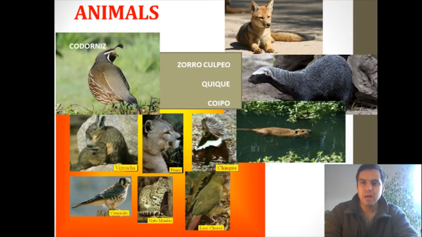I imagine that is because of the food they have, more food, more water, better weather. So that's why we have big animals in this area of Chile. We have zorro, codorniz, puma in the mountains, and many others. Quique, also the coipo. So we have a lot of animals in this area of Chile.